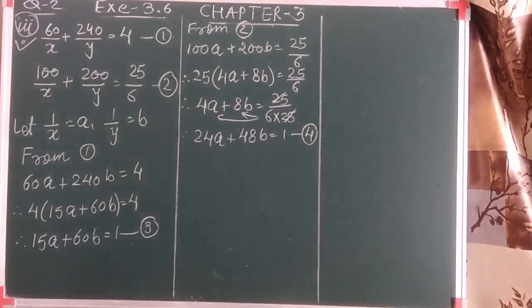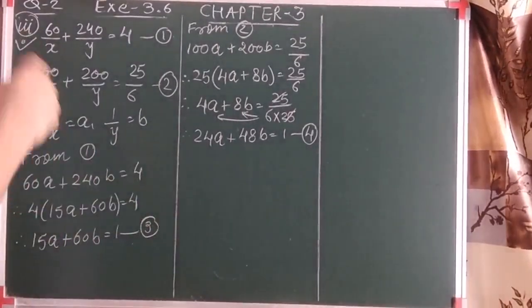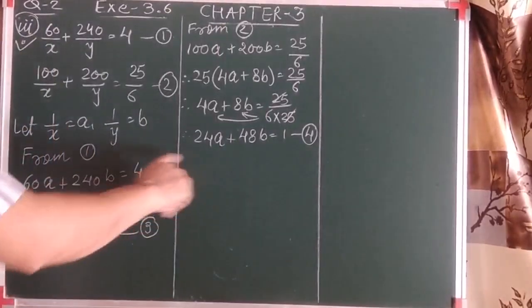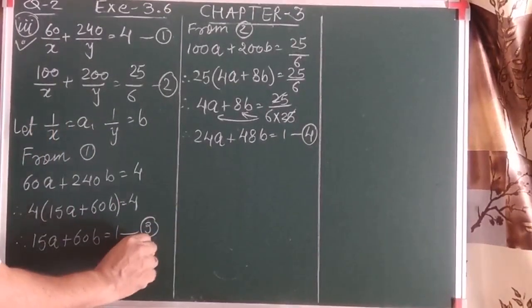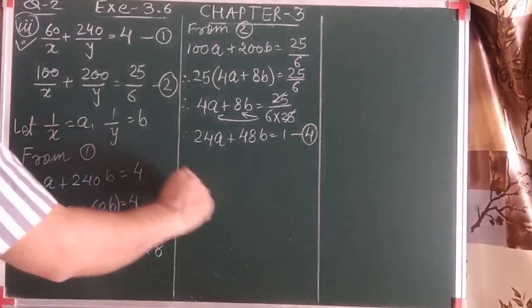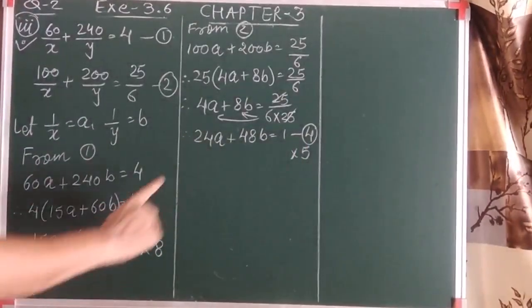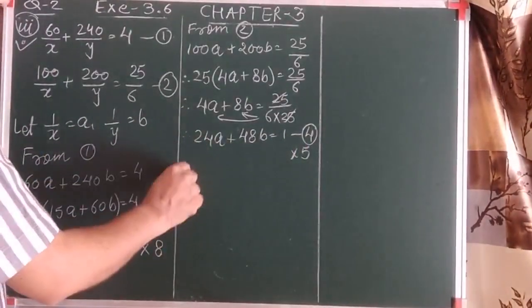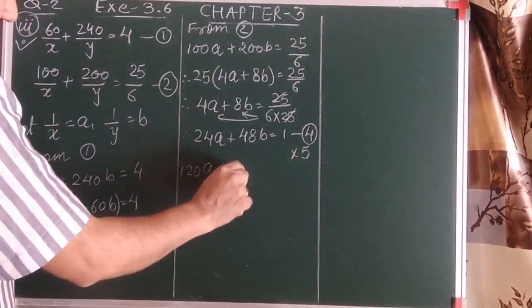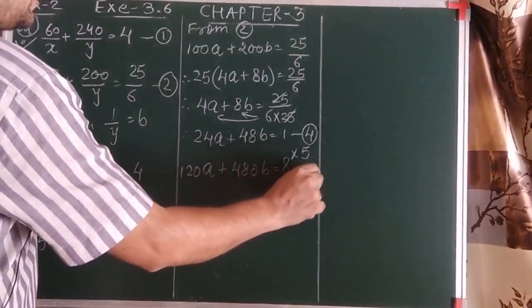If we make the LCM of these two coefficients, it must be 120, of 15 and 24. So let us multiply equation 3 with 8 and equation 4 with 5 to make the coefficient of a equal. So 15 8s are 120a plus 8 60s are 480b is equal to 8. This is the new equation 5 I obtained.